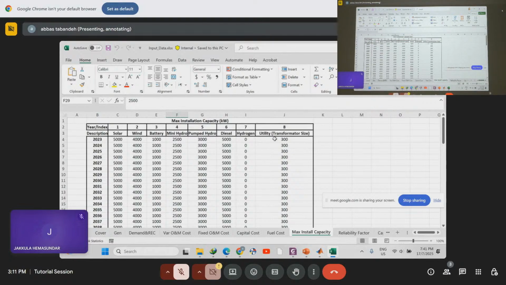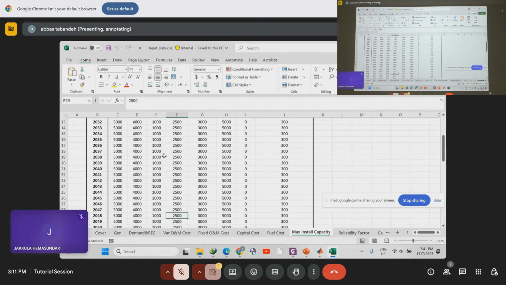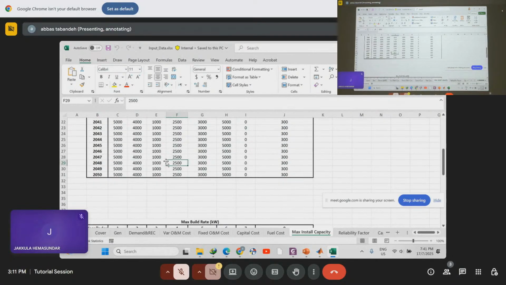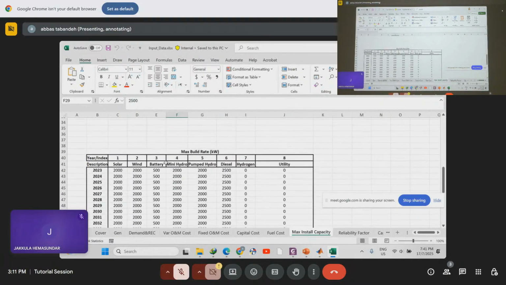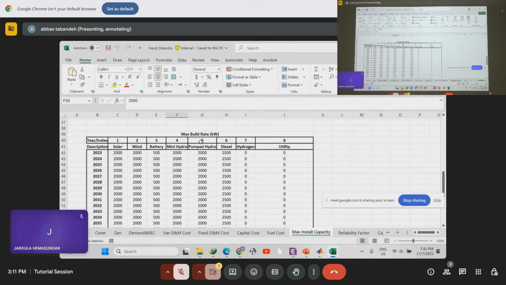So this one shows the utility or transformer capacity, 300 kilowatts. And we have diesel, pumped hydro, and all these technologies. However, another constraint which is important for us is the maximum build rate in each year.